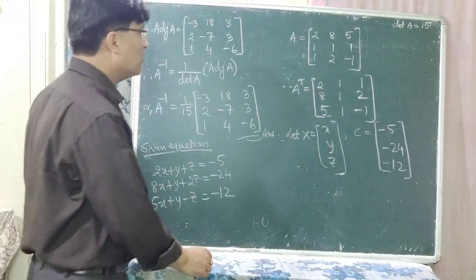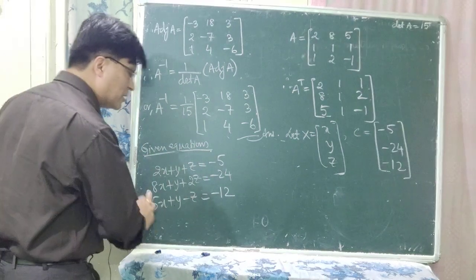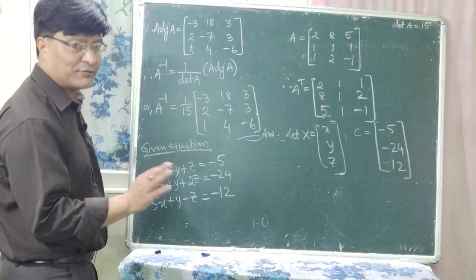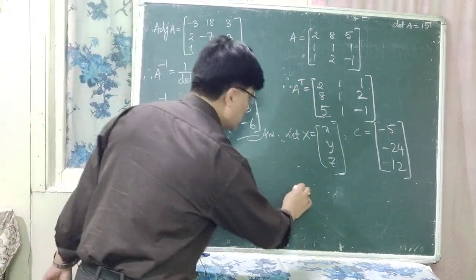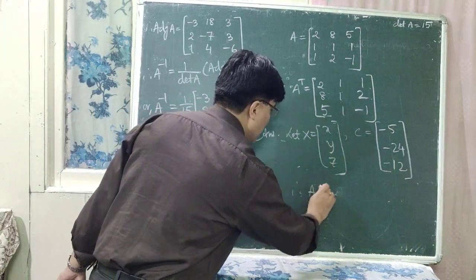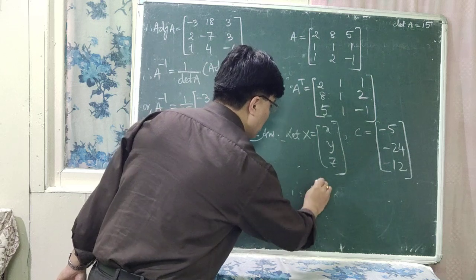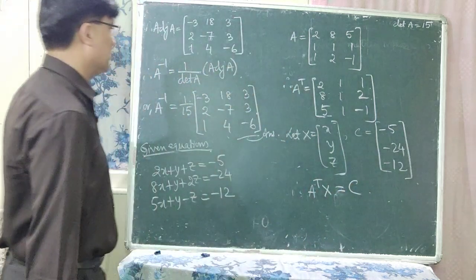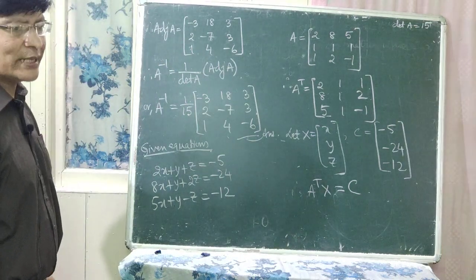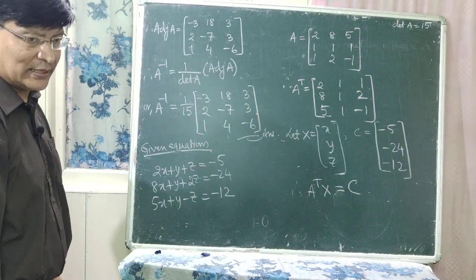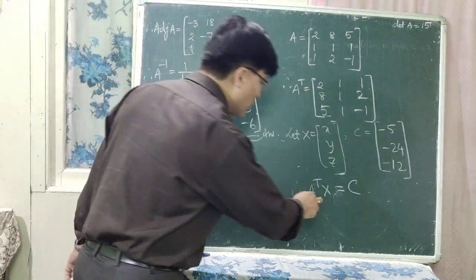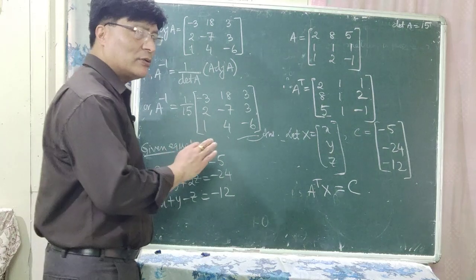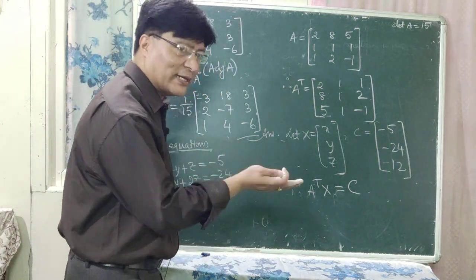So now this given system of equations, we can convert into matrix equation form. What is the matrix equation form? It will be A transpose X is equal to C. Now in order to get the matrix capital X, you have to take that A transpose to the right hand side.